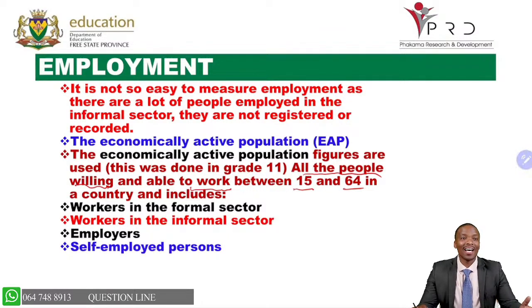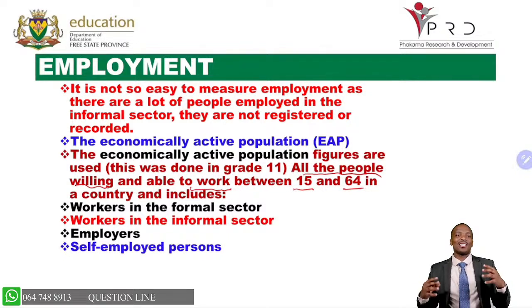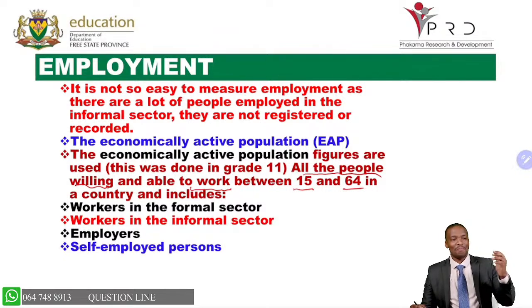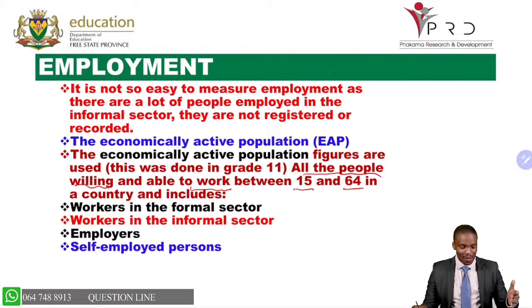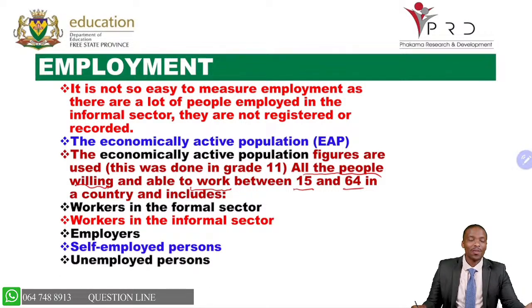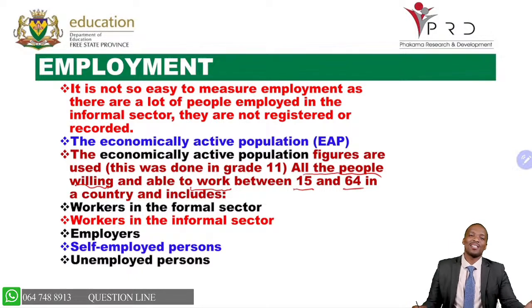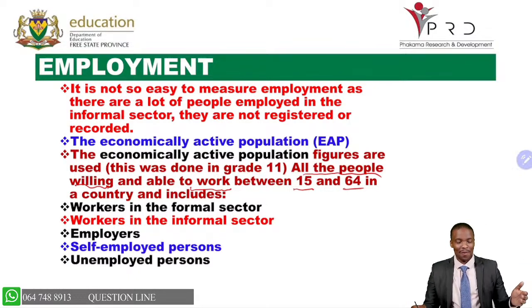So as much as we think that employment consists of only those people that go to the office, construction workers are part of those, although it's seasonal, and people in the streets are counted as long as there is income generated. And also we are looking at people that are unemployed but actively looking for employment for the past 7 days. Those people are part of the economically active population.